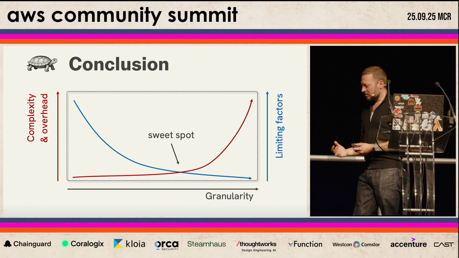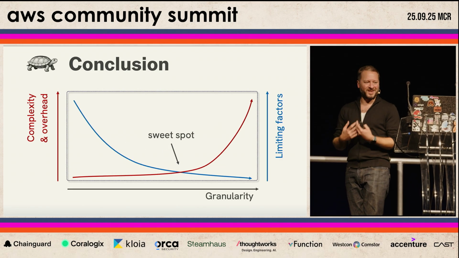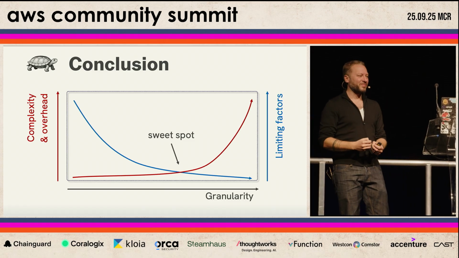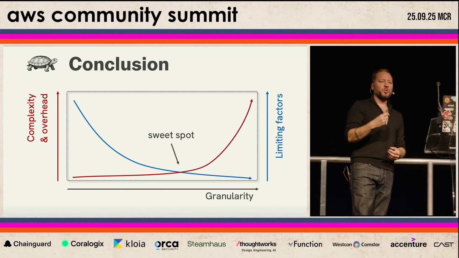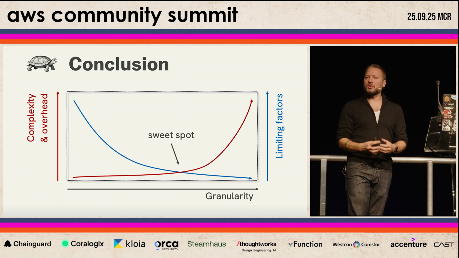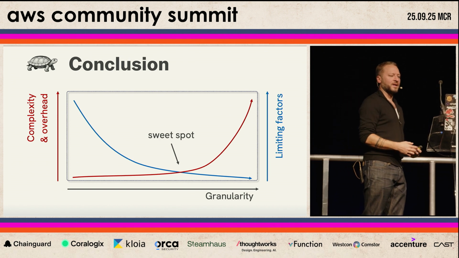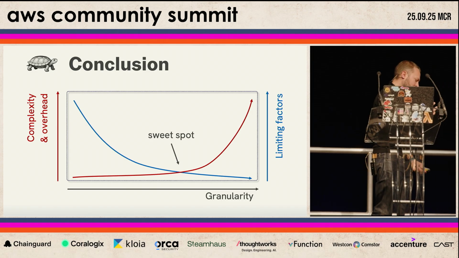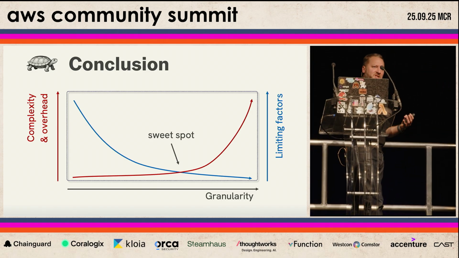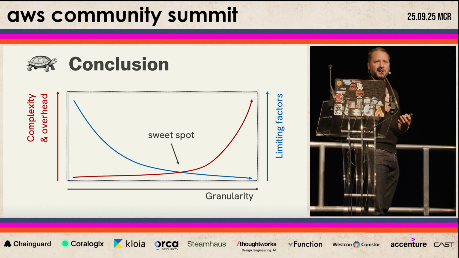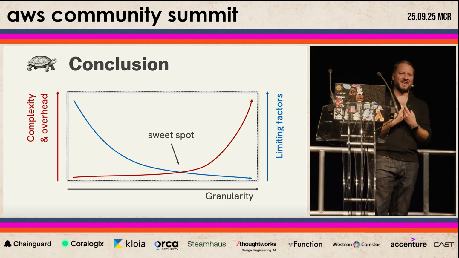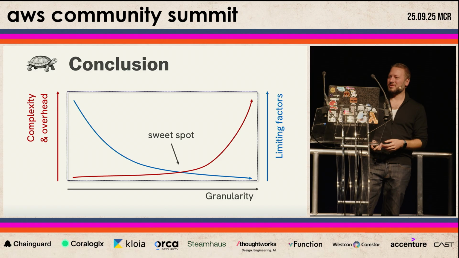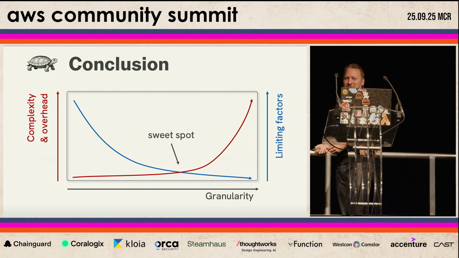And remember, nothing comes for free, so every level of granularity that you add into your system will add a little or a lot of complexity into your organization as a whole. And balancing these trade-offs, I think, is one of the most challenging, but also one of the most fun parts of our jobs. I hope you think so too.